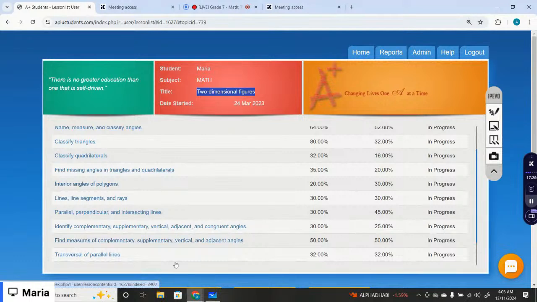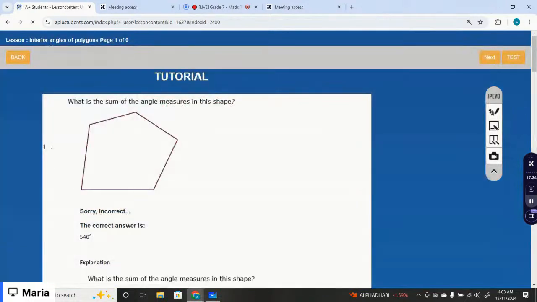Let's just start with the lesson that is interior angles of polygons. What is the sum of the angles measured in this shape?